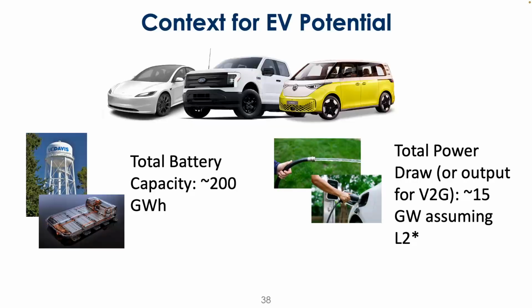The total power output is maybe a little bit lower depending on the way that you think about this. On the power side of things, it is about 15 gigawatts, assuming that people are doing level 2 charging. But still, a very substantial amount of energy and power relative to what we have on the grid.